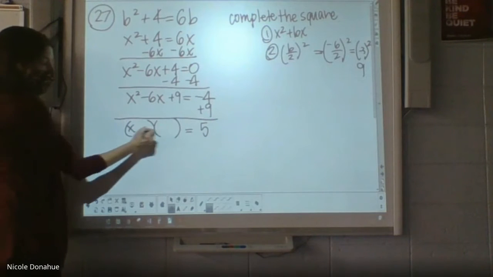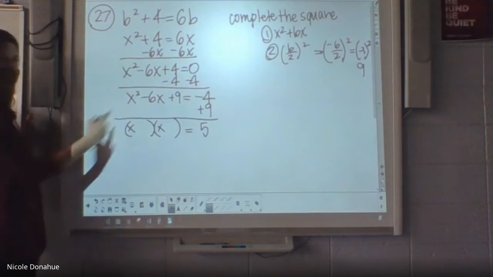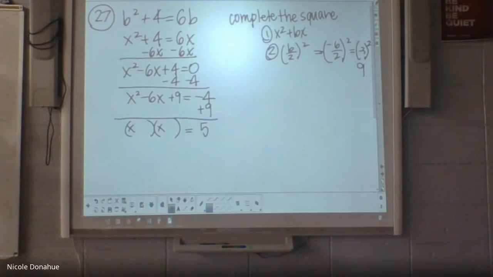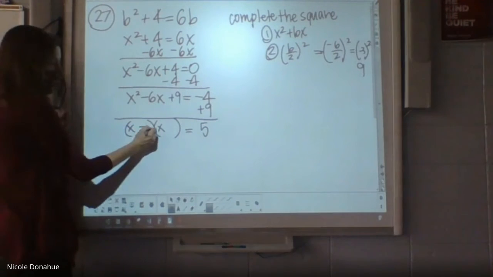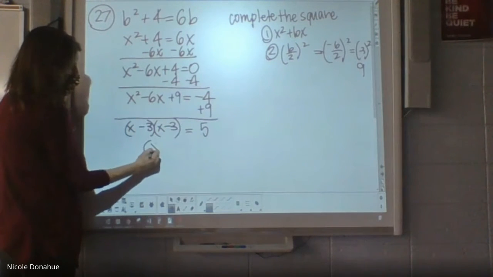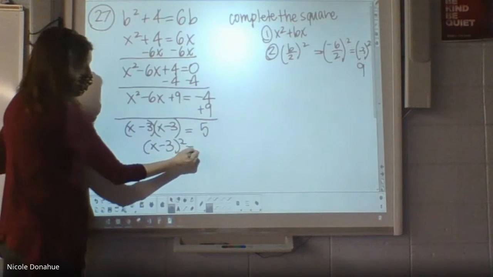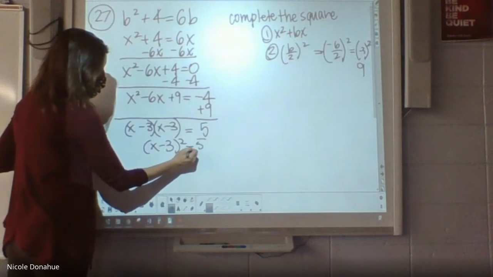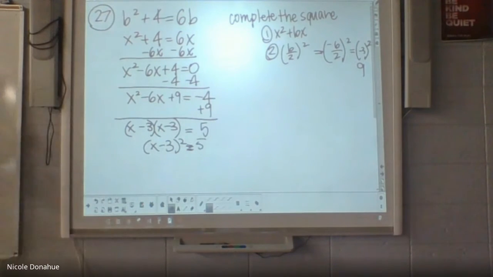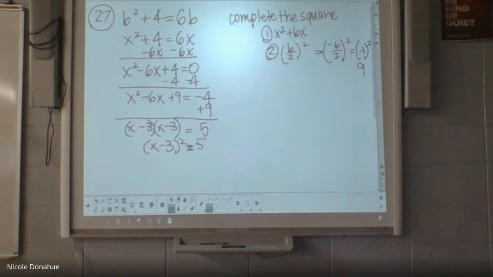It's x times x. I want to multiply to get 9, but add to get negative 6. So it's going to be a negative 3 and a negative 3. So it's (x minus 3) quantity squared equals 5.